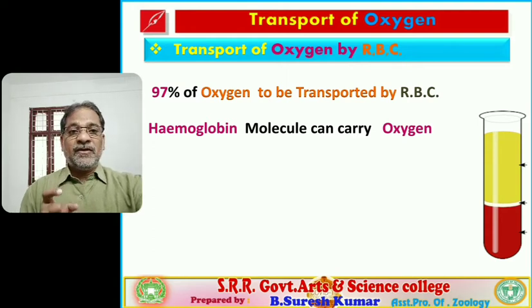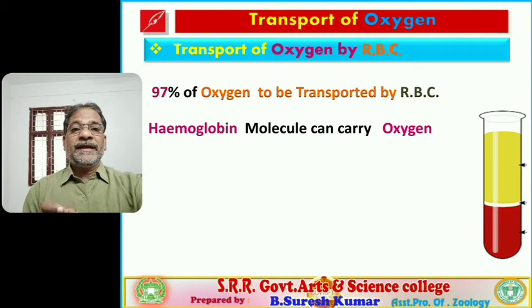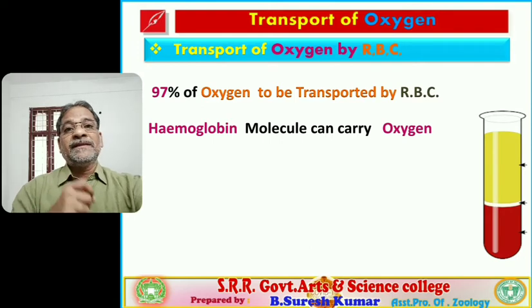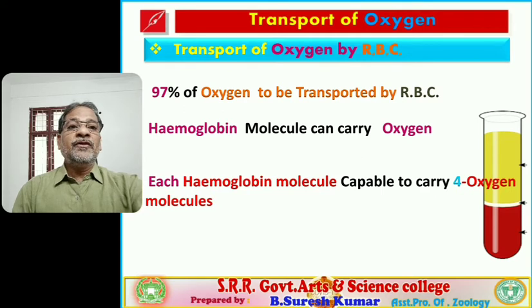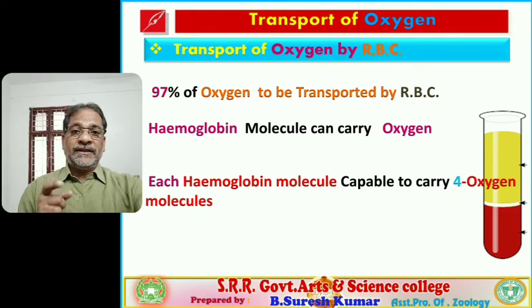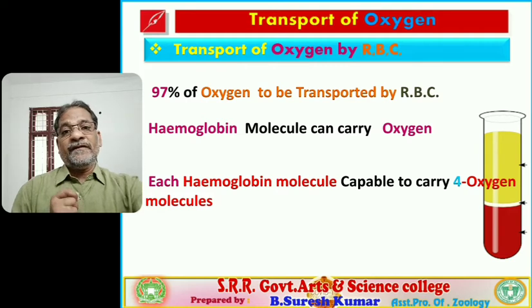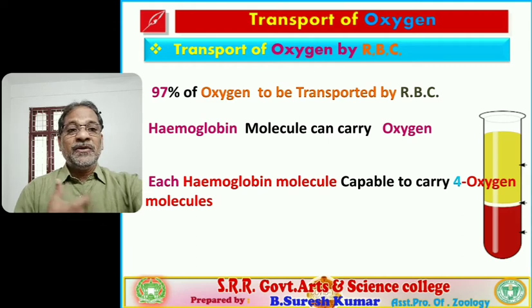Oxygen. So the hemoglobin molecule is capable of carrying oxygen, and it attains that ability due to the presence of iron ions. Right? Each hemoglobin molecule is capable of carrying 4 oxygen molecules. In the last class also we discussed it. So each and every hemoglobin molecule is able to carry 4 oxygen molecules.